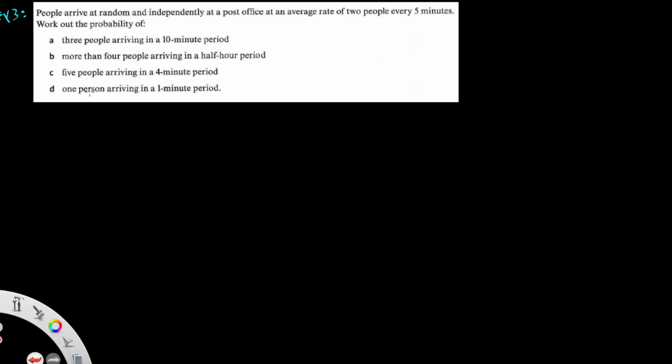Part C, 5 people arriving in a 4-minute period. As I said, they are proportional to each other. So for 5 minutes, lambda was 2. Now for 4 minutes, the new lambda will be 2 times 4 over 5, which is 1.6.